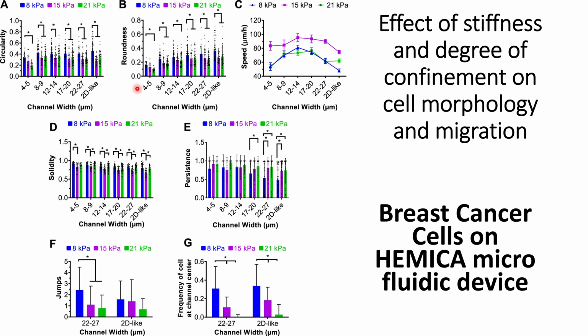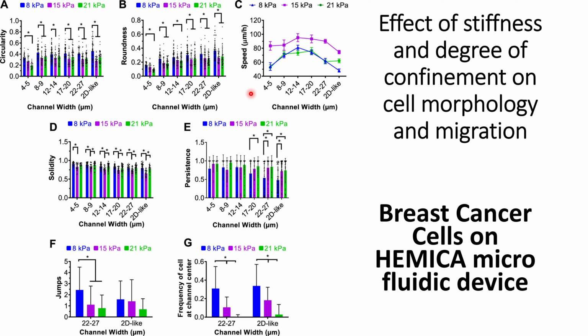Thereafter, they also checked the roundness, which is the inverse of the aspect ratio, and there also they found similar results. That is, the roundness is more in the case of 8 kilopascal across the different widths that they have examined.